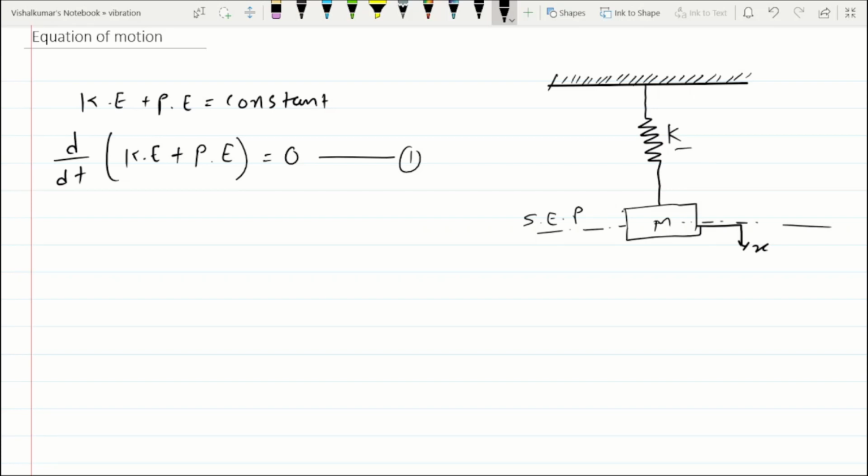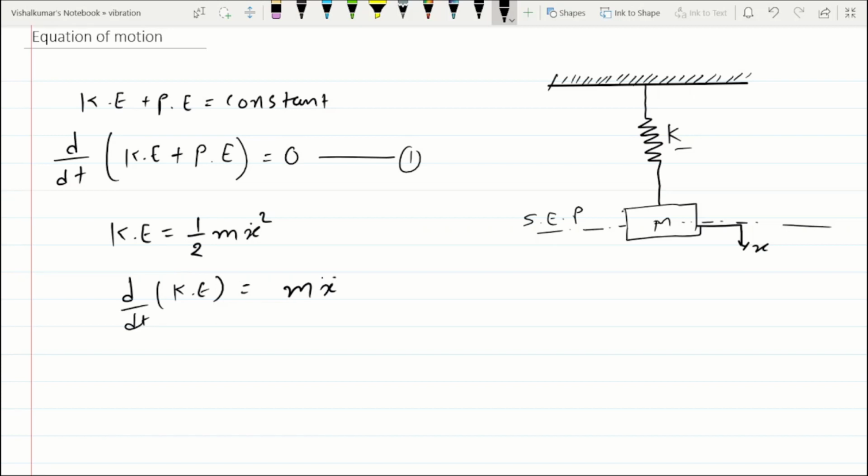In this spring mass system, the kinetic energy is stored in the mass by virtue of its velocity, and it can be written as the kinetic energy of the mass equal to 1/2 m x dot squared, with the mass and the velocity of the mass. Differentiating this kinetic energy, we get m x double dot.